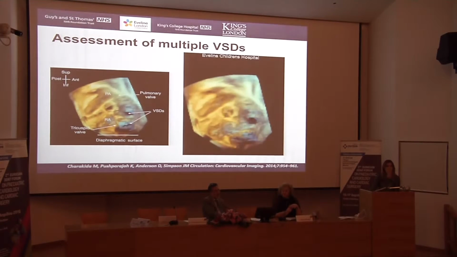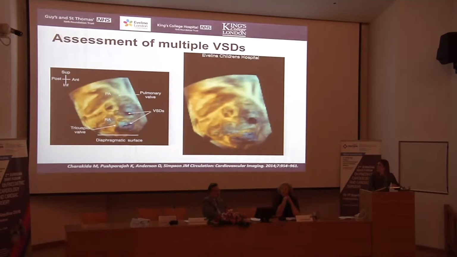Now, apart from the ASDs, VSDs can also be very well visualized using 3D echocardiography. This is a nice picture from a patient in our unit with transposition of the great arteries that had multiple VSDs. The inlet VSD here, if seen only from the four-chamber view, possibly we would say that it has a slit-like appearance and might consider it to be quite small.